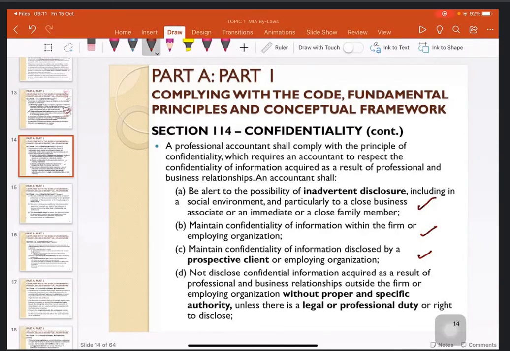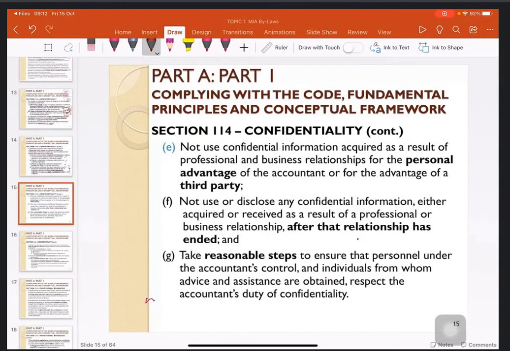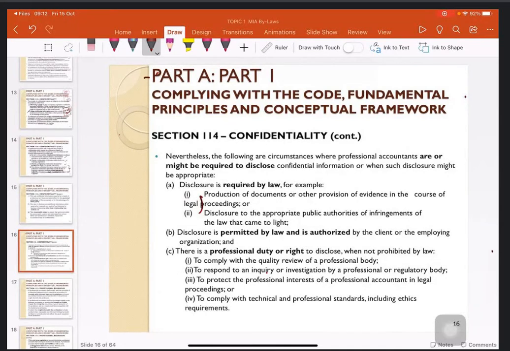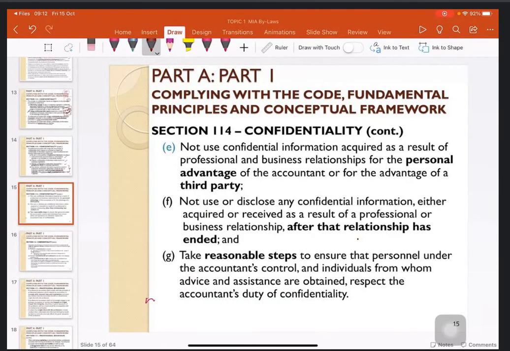You are not supposed to disclose confidential information to others without proper and specific authority, unless there is a legal or professional duty or right to disclose. Only under certain situations can you disclose the information. Later we will look at under what situations you can disclose the information. Next one, please read, class.